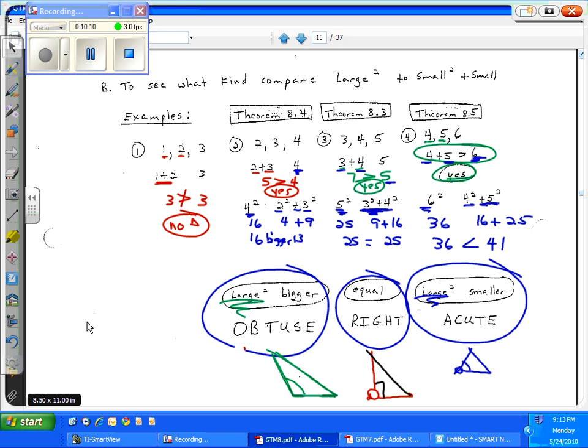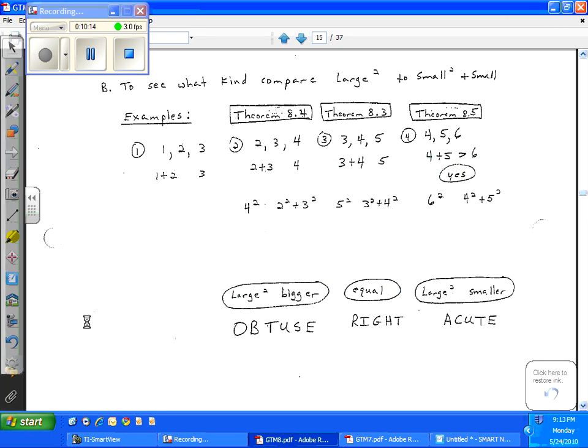Okay? Any questions on the converse of the Pythagorean theorem? So to be a triangle, the sum of the smaller two sides must be larger than the length of the third side. To see what kind it is, you compare the larger side square to the sum of the squares of the smaller two sides.